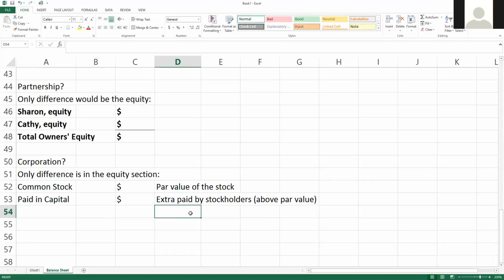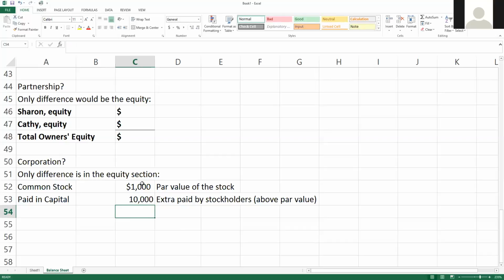They buy 1,000 shares. That's $11,000. $1,000 of it, or $1 per share of what they bought, would go into the common stock account. But they paid an extra $10 above the par value for each share of stock. So they paid an extra $10,000 above that for the stock.